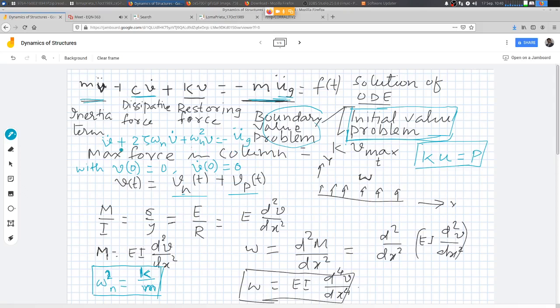So what I want you to do is find the solution of this differential equation for 5% damping.